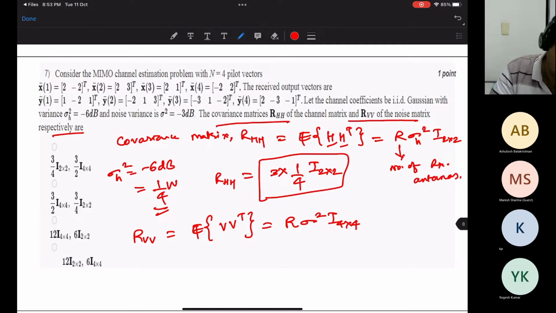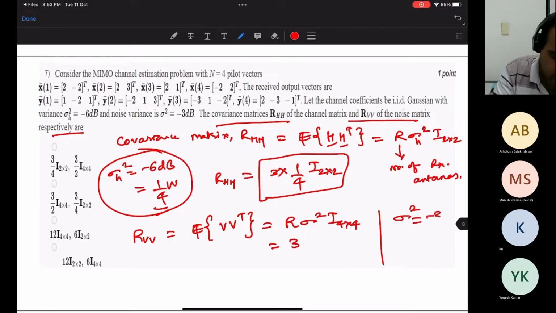Again, 3 is my number of receive antennas, and sigma square is given as minus 3 dB, basically 1 by 2 in watts, computed as 10 to the power minus 3 by 10.